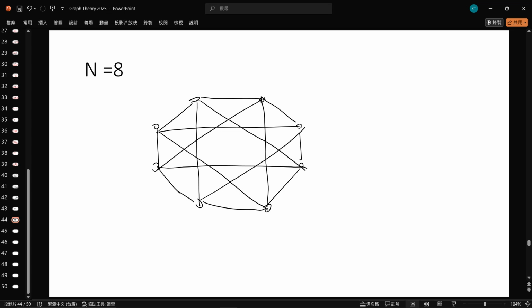For every vertex you have these, but perhaps we're going to double count some edges, so I think we should divide by 2. For this one, it has this neighbor and this neighbor, but when we consider this vertex, we also add this edge. So for every one of these diameters, we actually count it twice.